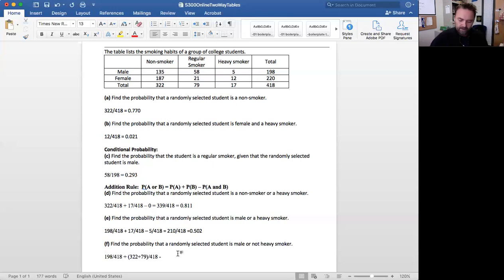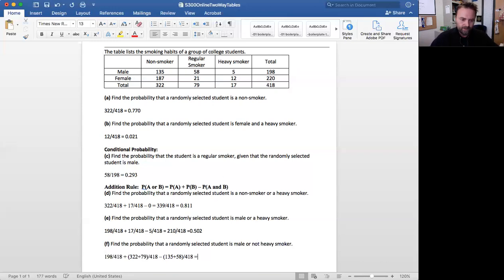So thinking about adding those up, 5 plus 58, over the 418. Okay, does that make any sense? So I've got male plus not a heavy smoker, and then minus any double counting I did. Double counted a lot of people there, all those that were both male and not heavy smokers.